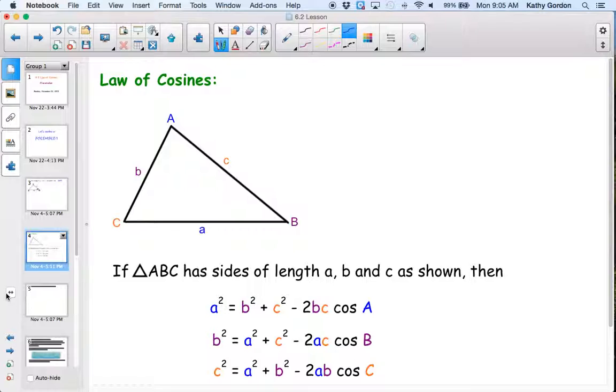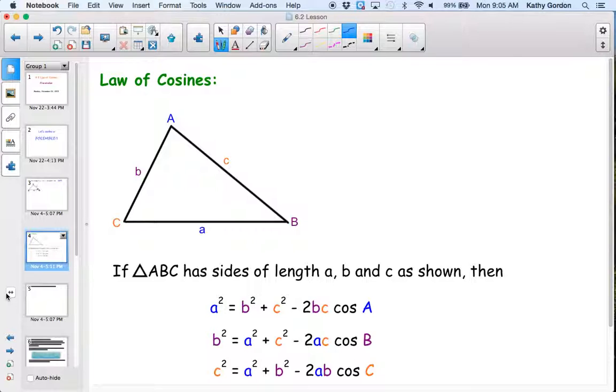So you see the three different versions up here, not because they're different or they're doing anything different. They're just showing you what it would look like depending on which of the angles you were given. If you're given angle B, then it's going to be side b that's out here being squared. A and C are going to make up the rest. If you're given angle C, then it's got to be side c that's out here being squared. A and B are going to make up the rest. Okay?